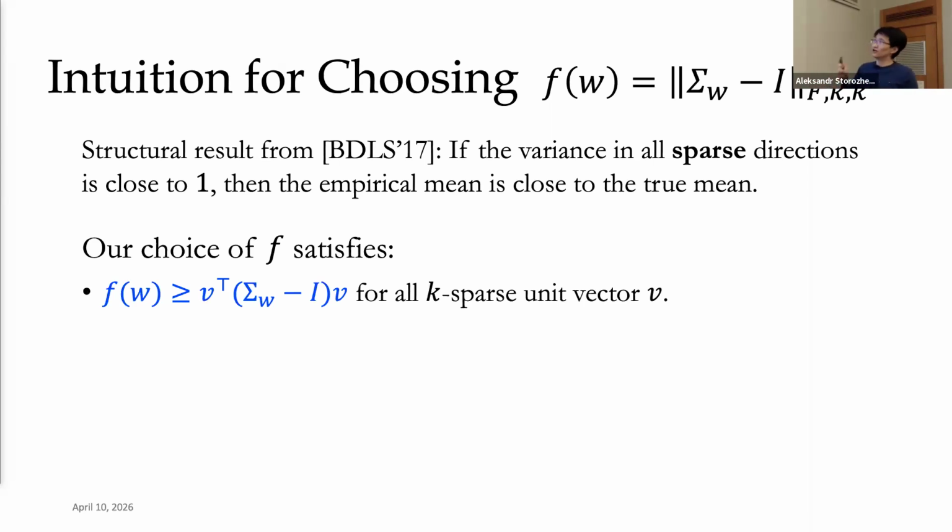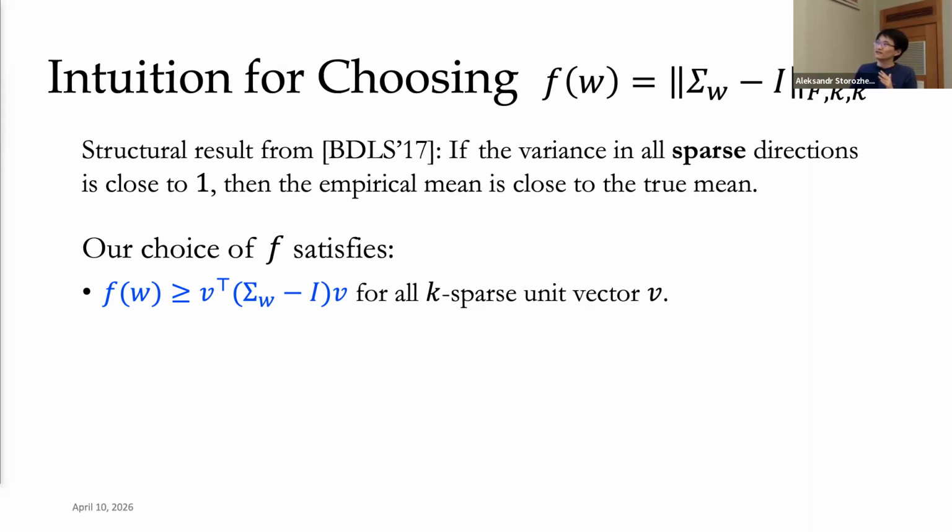So in particular, the objective function is motivated by this requirement. I want this to be an upper bound for all quadratic forms that look like this, for all sparse means. You can quickly do a sanity check of why this is true.